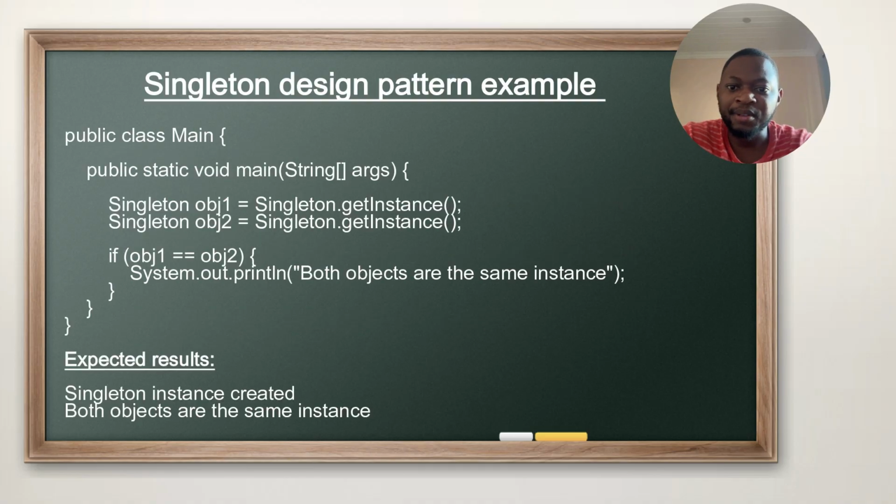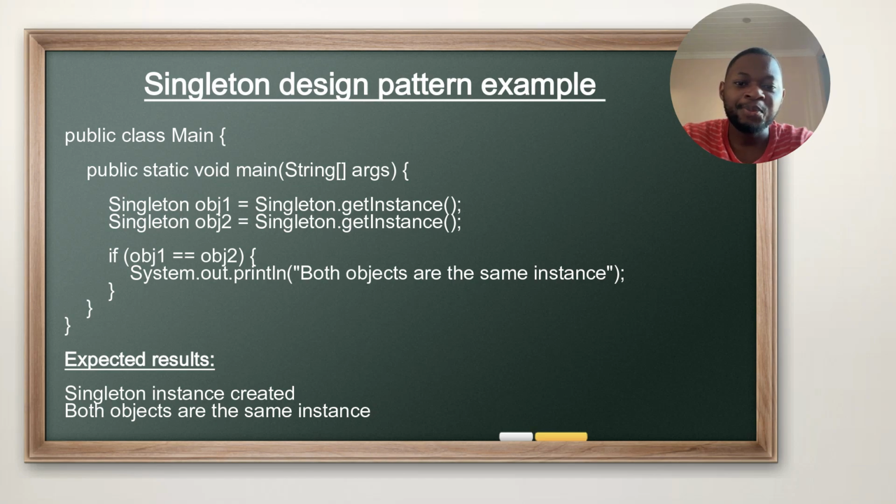Here we have our main class and our main static method. As you see, we have singleton object 1 equal to Singleton.getInstance, and we also have object 2 making the getInstance call. Someone might assume that when we call getInstance, a new singleton object is created.